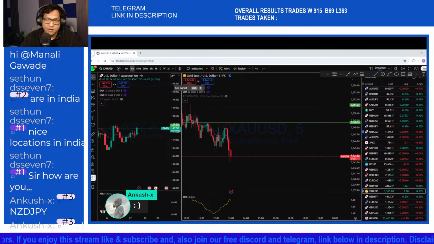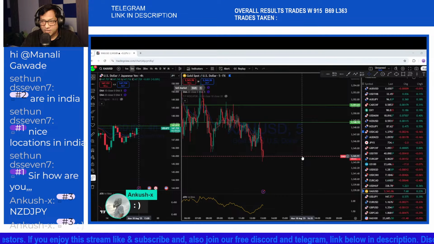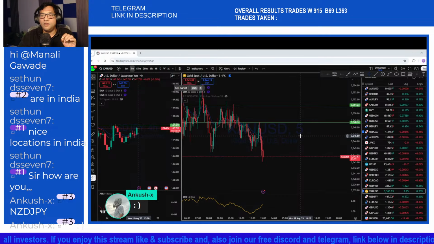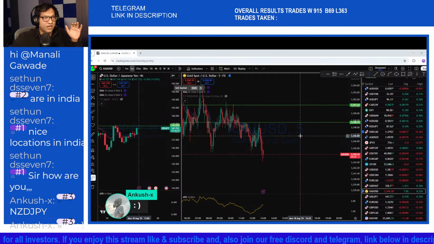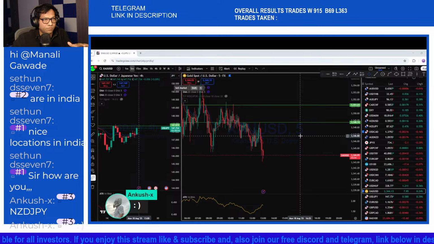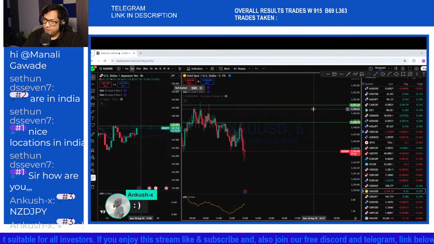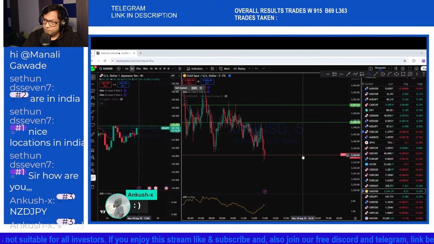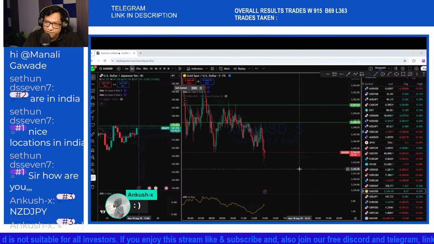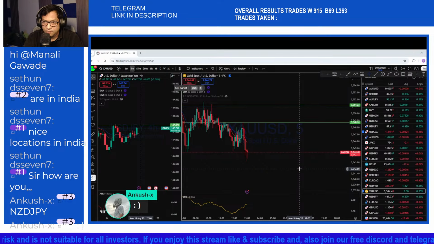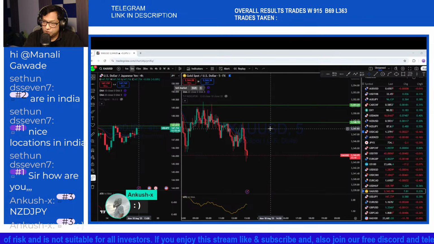We can look for entries at multiple levels, but the best entry comes when the market is in an important area of value. The possibility of an entry at this level is possibly higher. We'll be waiting to see that.